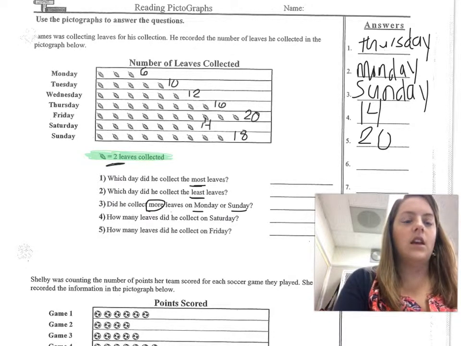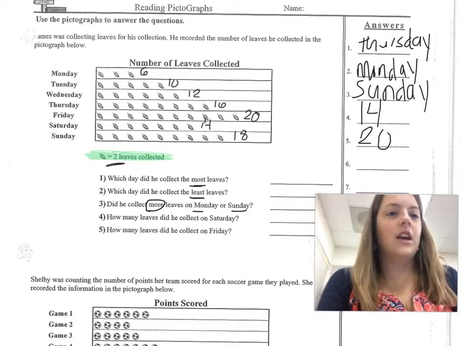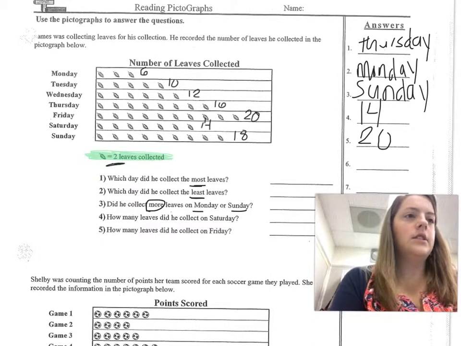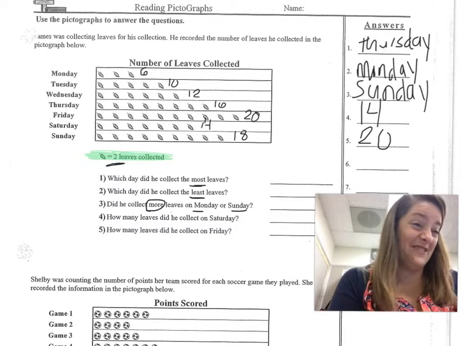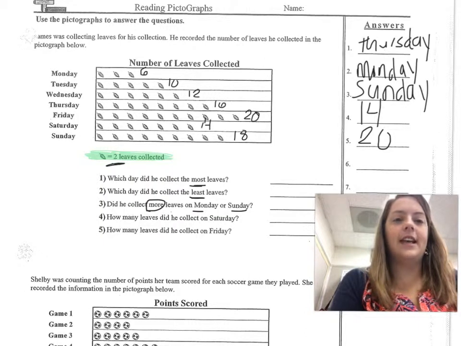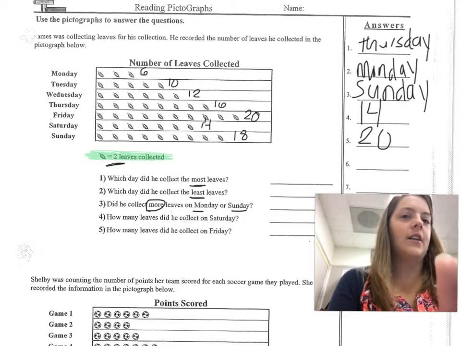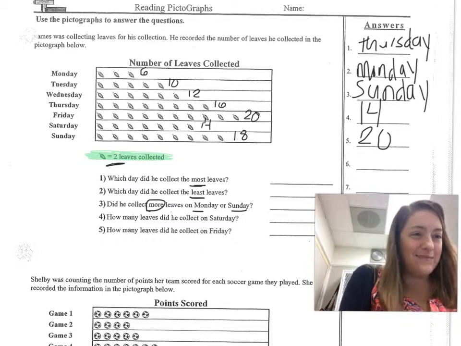You know, it looks like Miss Lewis even made a mistake. Here it says, which day did he collect the most leaves? And Miss Lewis said up here that the answer was Thursday, and that's wrong, guys. The answer is actually Friday. I saw the 20, but I didn't connect that it was Friday. I thought it was Thursday. So just like you guys, I make mistakes.